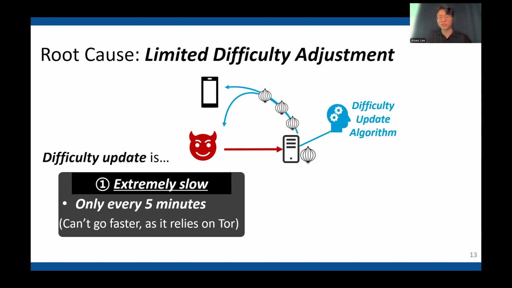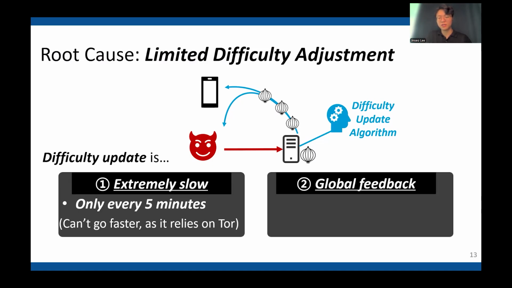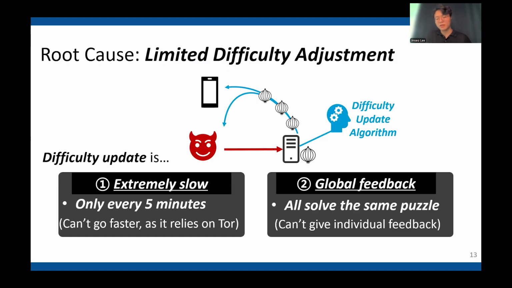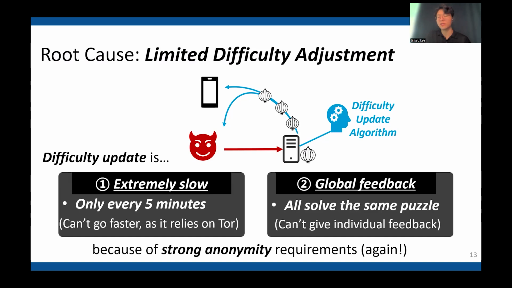It uses the Tor infrastructure to update the difficulty, so frequent updates impose a burden on the whole network. Second, it allows only global feedback, which means that everyone solves the puzzles of the same difficulty by default, because there's no individual feedback channel. Again, all of these are due to the strong anonymity requirements of Tor.